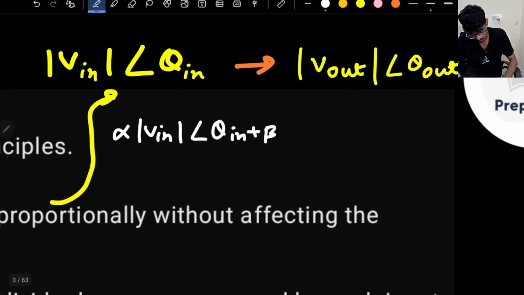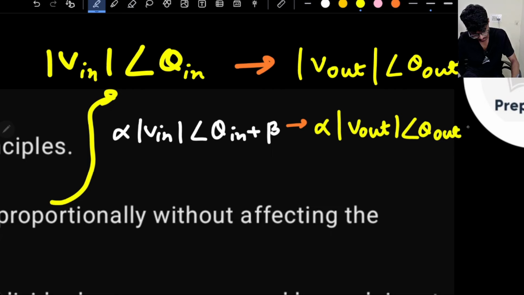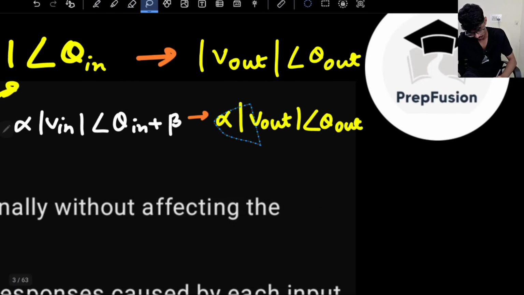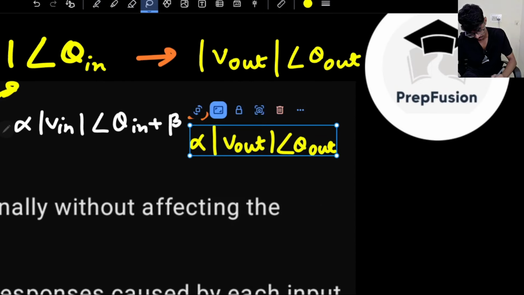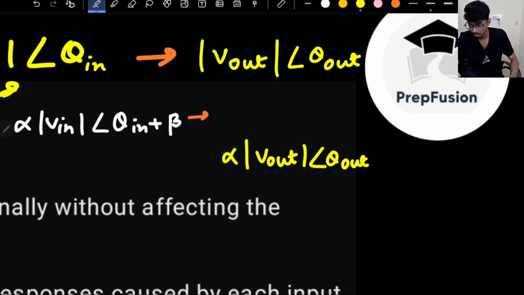So the response will also be changed: alpha times the magnitude of v out, at theta out plus beta. I hope you are able to see here, theta out plus beta.